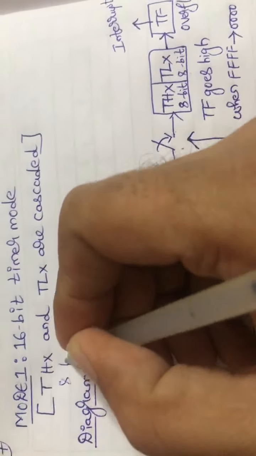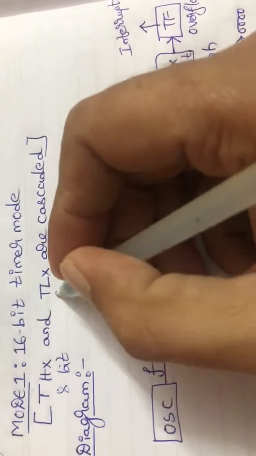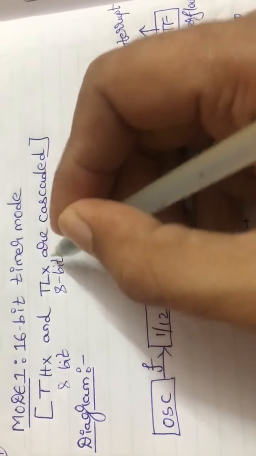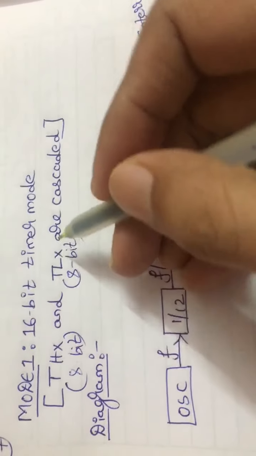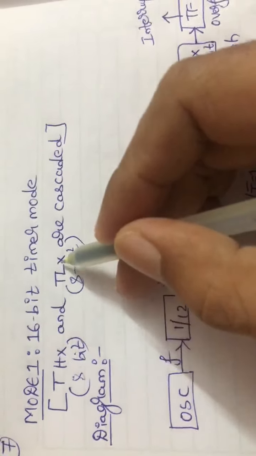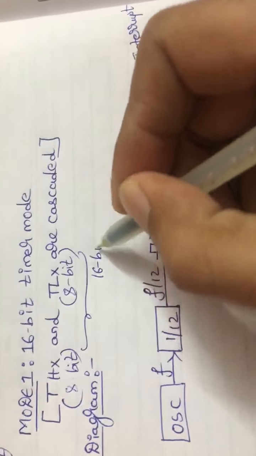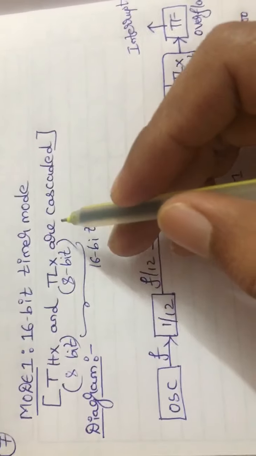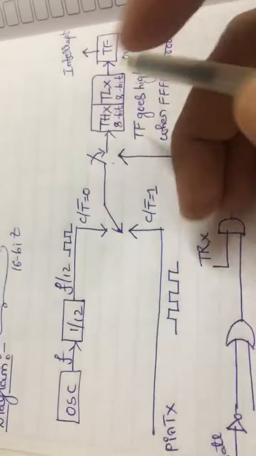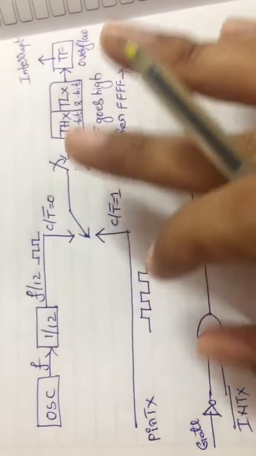So the 8-bit THX register and the 8-bit TLX register are used, and these two are cascaded with one another so that it becomes a 16-bit timer/counter mode. Okay, then the diagram for mode 1 looks like this.